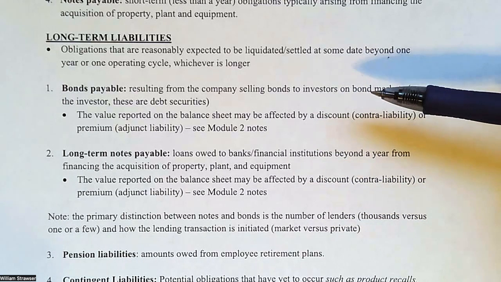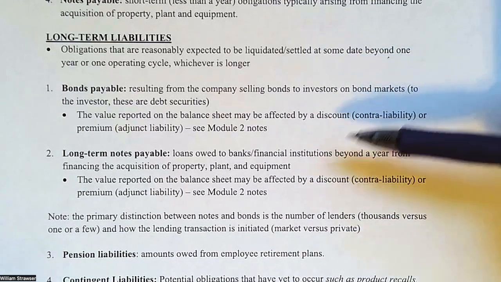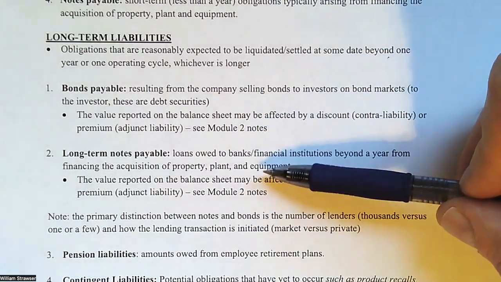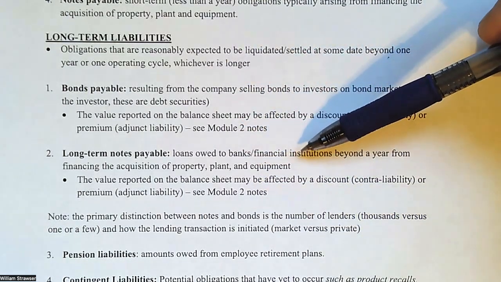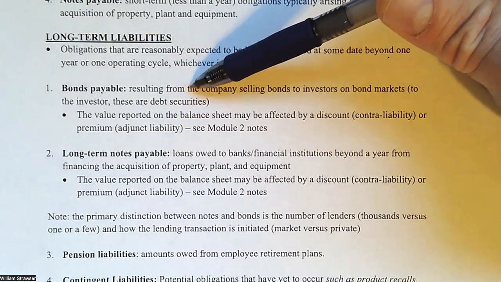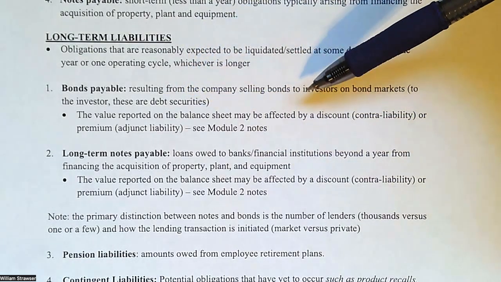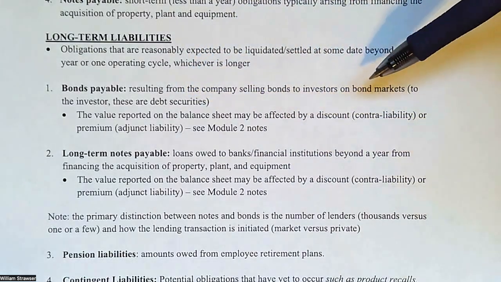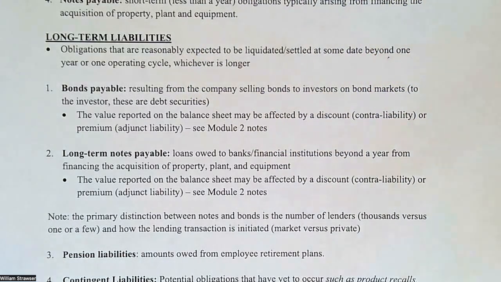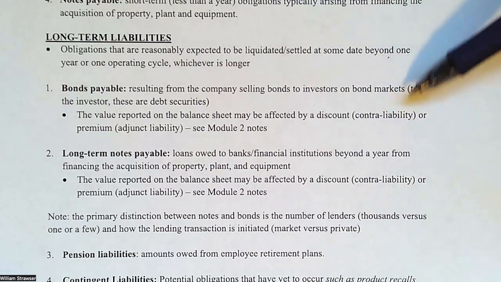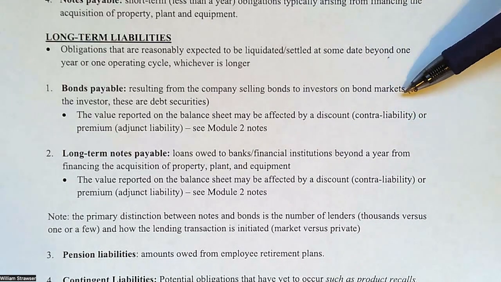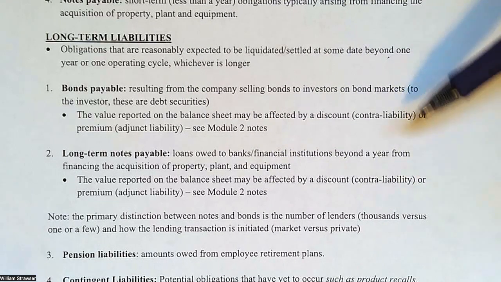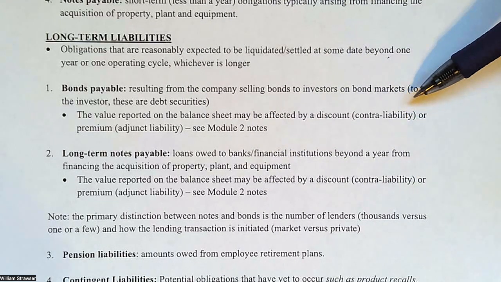So make sure that you understand the difference, which is long-term notes are usually loans from banks or financial institutions, whereas bonds result from the company selling bonds to investors on a bond market. So just as equity trades on stock markets, there are markets where companies can issue bonds, sell bonds to people who want to buy them.